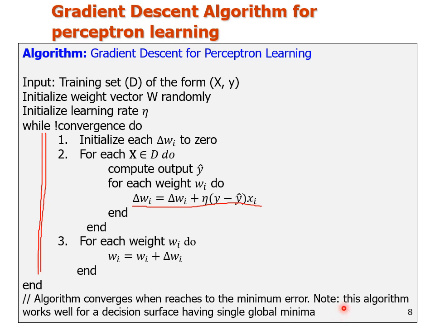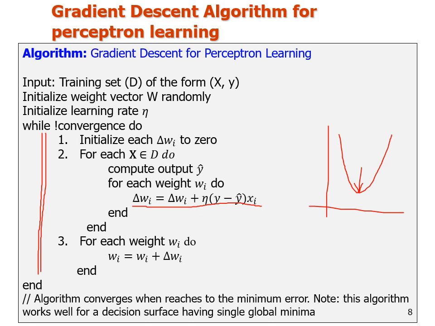Please note, this algorithm works well for a decision surface that has a single global minima, and because the error surface contains only a single global minima, this algorithm will converge to a weight vector with minimum error, regardless of whether the training examples are linearly separable, given a sufficiently small learning rate eta.